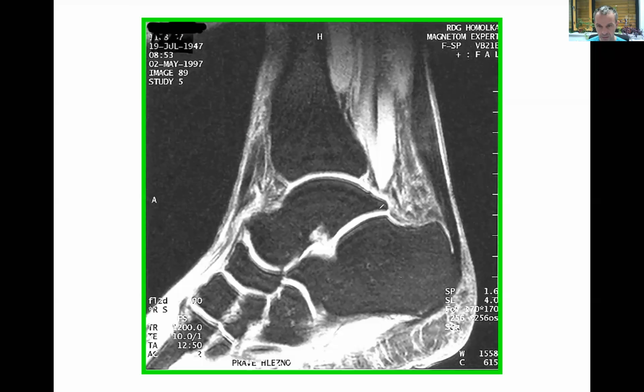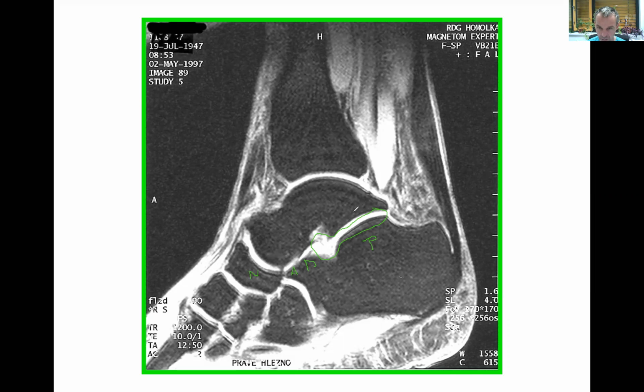Here we can nicely see the subtalar joint with the sinus tarsi and the interosseous talocalcaneal ligament. So this is the posterior surface, here will be the middle surface and the anterior surface, and then the navicular bone.